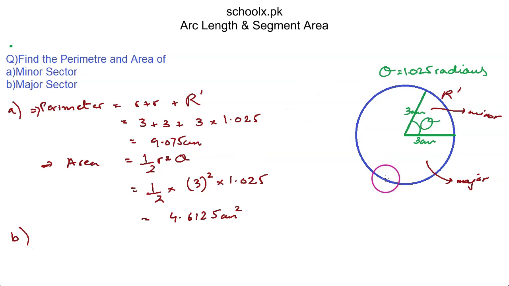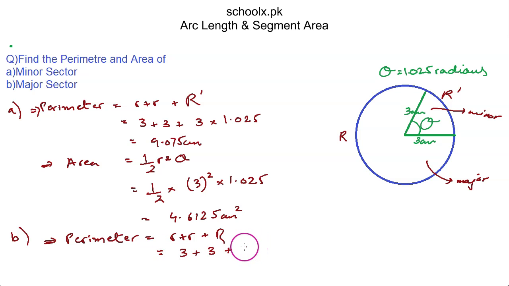Now moving on to part B, we need to find the perimeter of the major sector. This is our major sector. Let's note the arc length of the major sector by capital R, right? So perimeter will be r plus r, so 3 plus 3, plus the arc length, which is r times theta: 3 and theta of this sector will be 2π subtracted from theta, right?